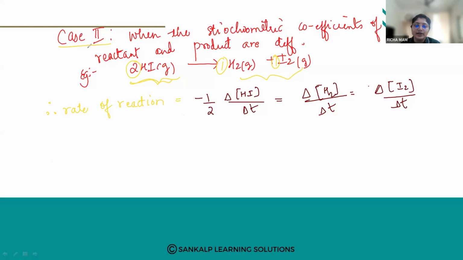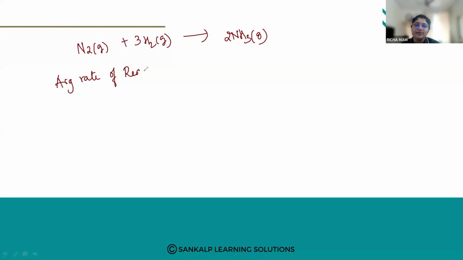I have another example: N2 gas plus 3H2 gas giving you 2NH3 gas. Can you tell me how to write the average rate of reaction? Anybody?